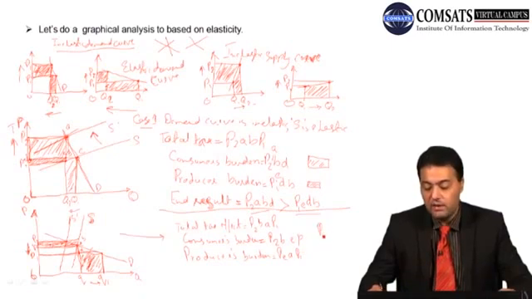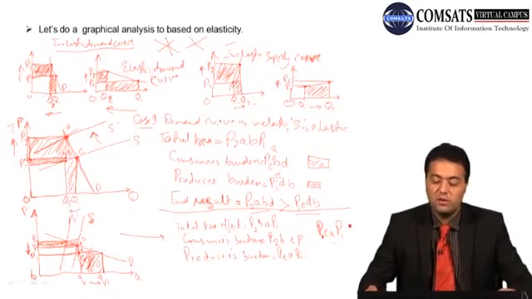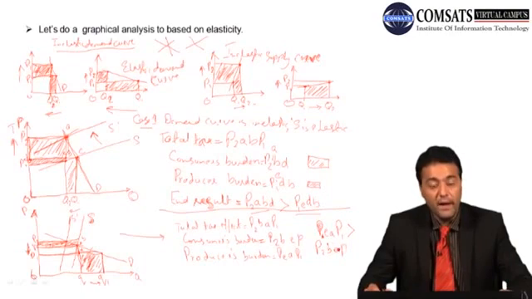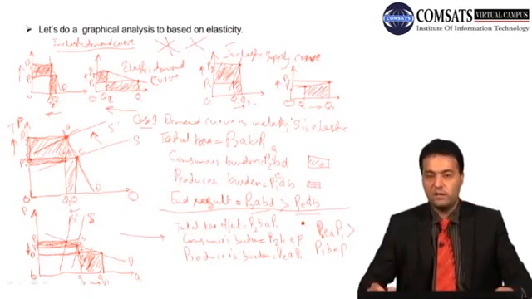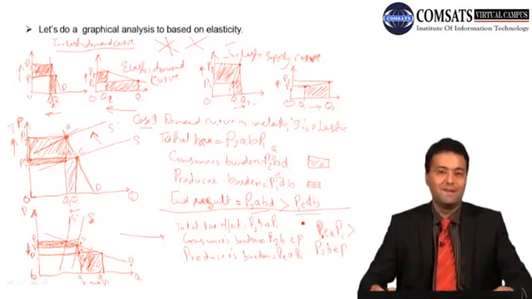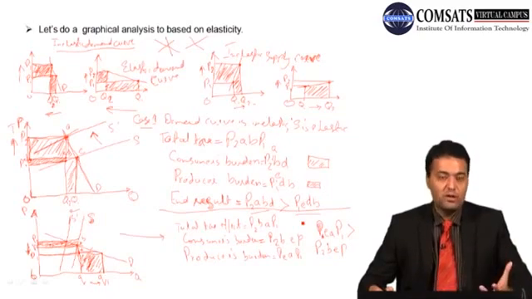This area P, E, A, P1 is greater than area P2, B, E, and P. This is the end result: when supply curves are relatively inelastic and the demand curves are elastic, it is the producer, not the consumer, who will be bearing more burden, the tax incidence more.